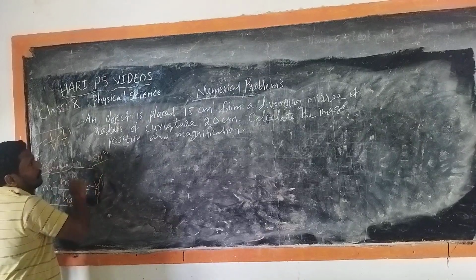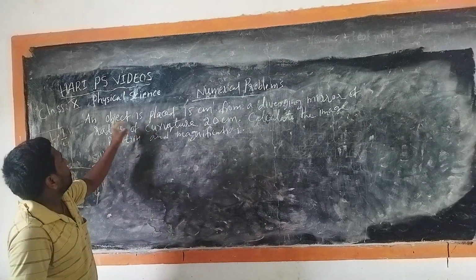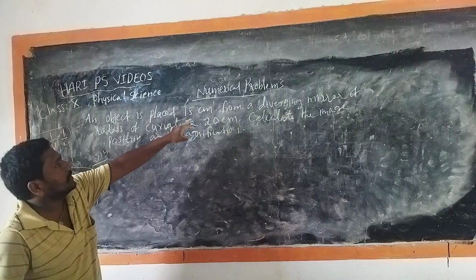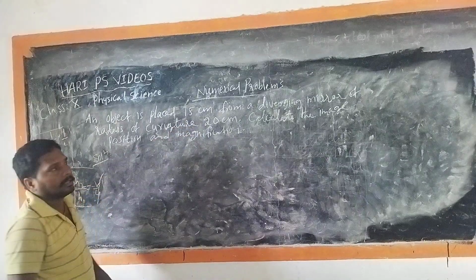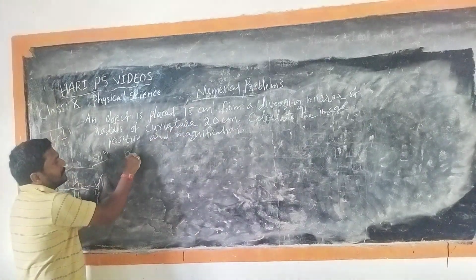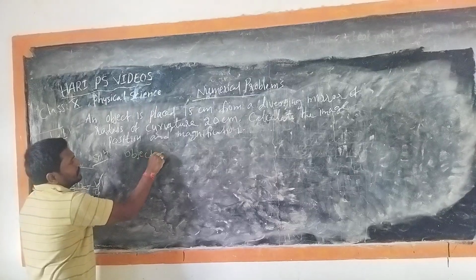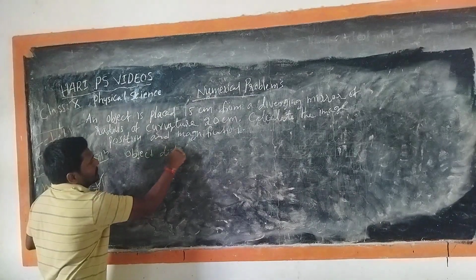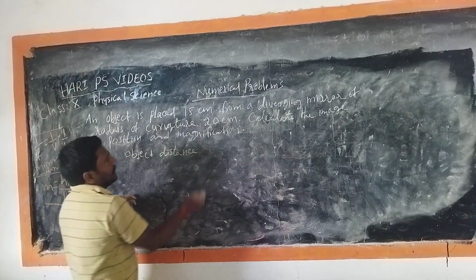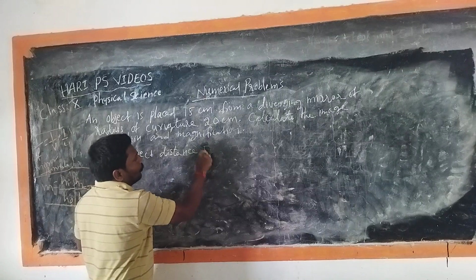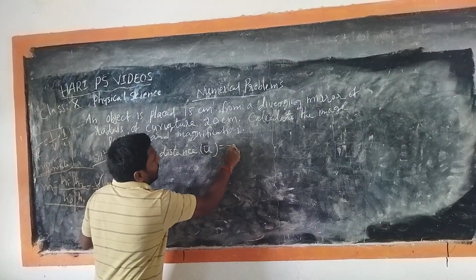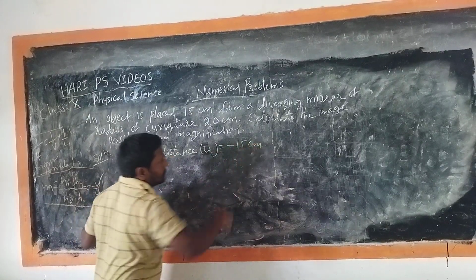Solution. An object is placed 15 centimeter from a diverging mirror. So the object distance u is equal to minus 15 centimeters.